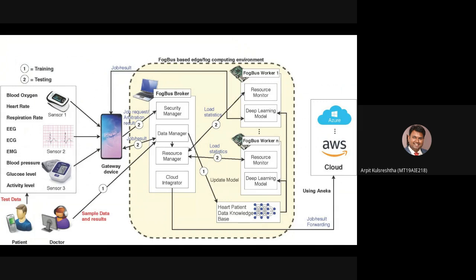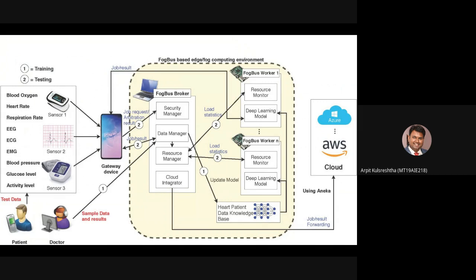That is checked against data which was tested on doctors and patients, and those results are already given. On that trained data model we check, and if it says this is an alarming situation, then it will further inform the heart patient knowledge base.